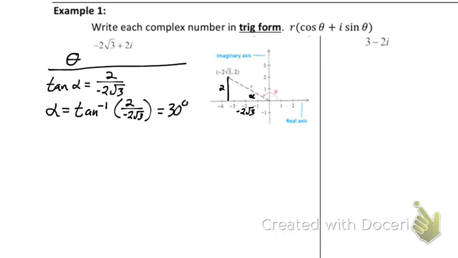Now be careful about entering this in your calculator because you're going to probably get out 60 the very first time you do it. No, we want degrees. It was a good thought. In your calculator, most of you are going to fall in the trap of typing in tan inverse, and then a 2, a division sign, a negative 2, a square root of 3, and close your parentheses.